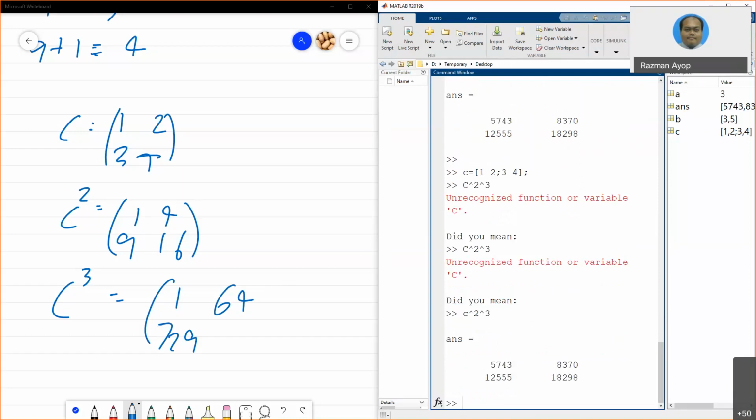Oh, this time is different. So C power of 6.